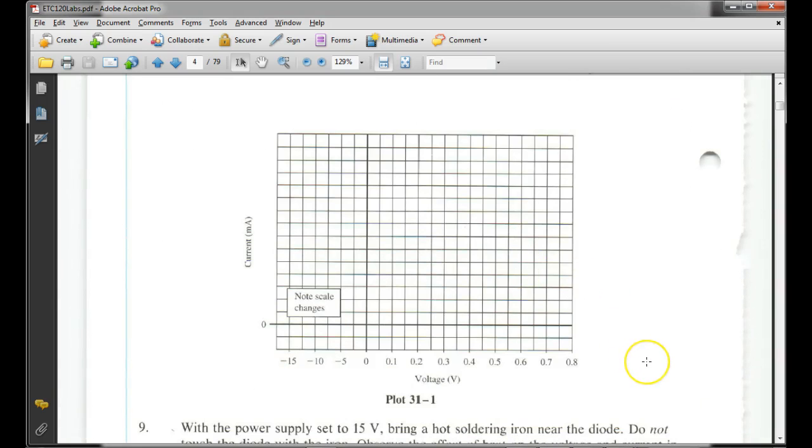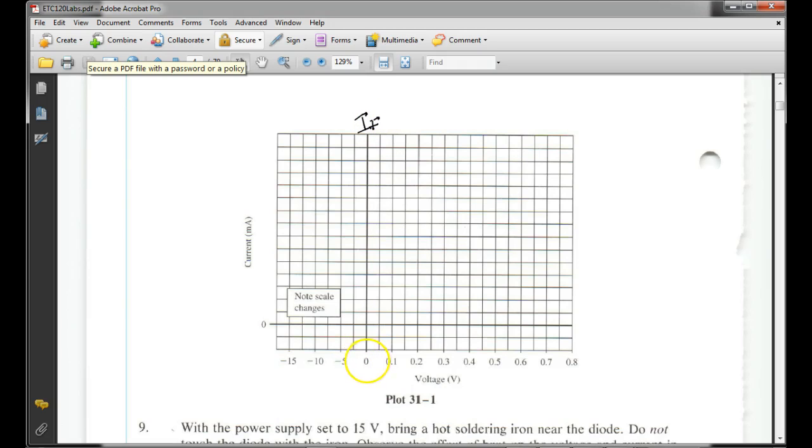So right here, this is your VI characteristic curve. So this is IF, right? This is the IR. Okay? And then this right here would be VF. So this is IF.